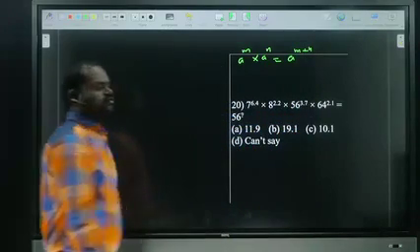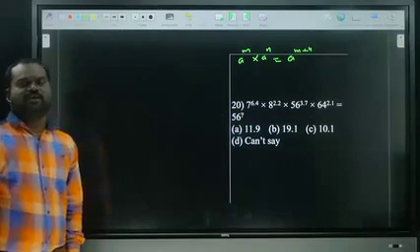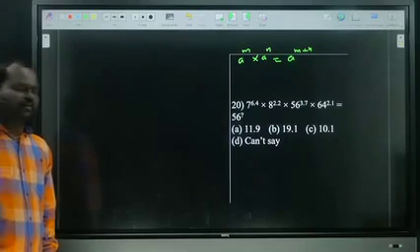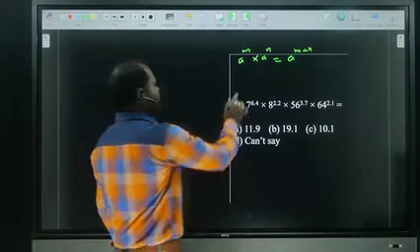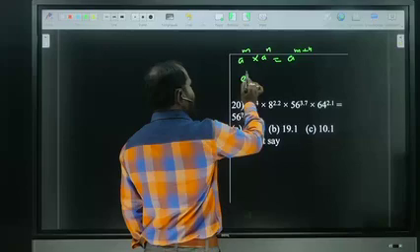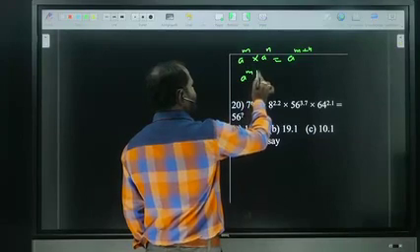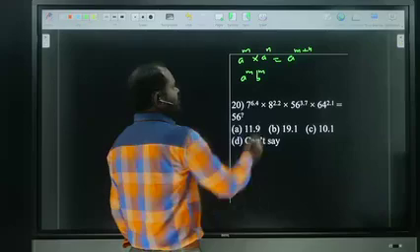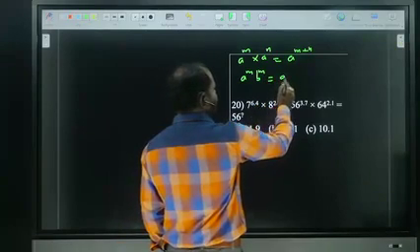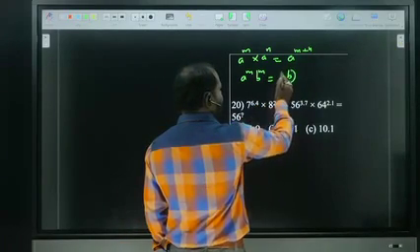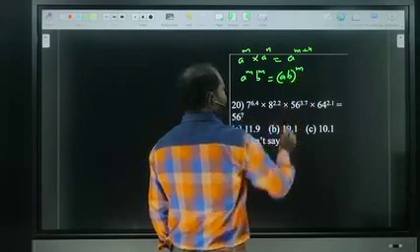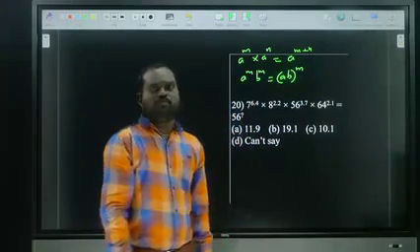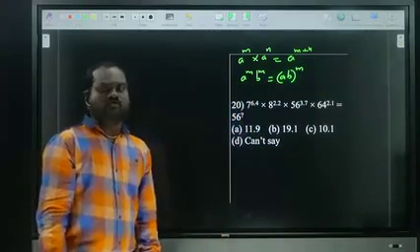That we learned in 5th, 6th, 7th maths. And one more: a power m, b power m, in between two only, but bases different. Then this we can write as ab whole power m. Whenever ab whole power m, we can split it as a power m into b power m. These two formulae are useful here.